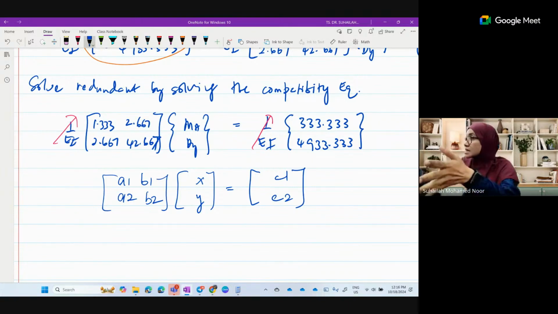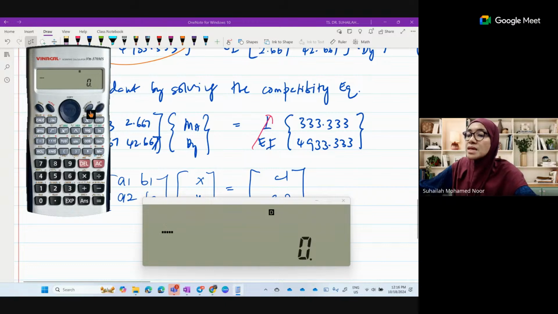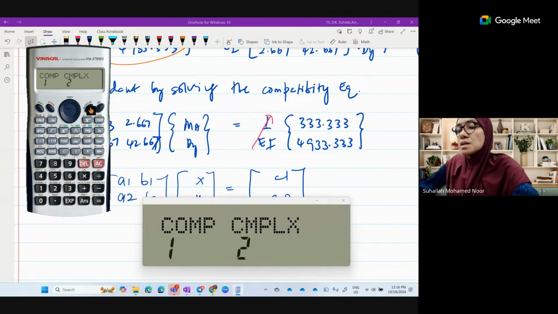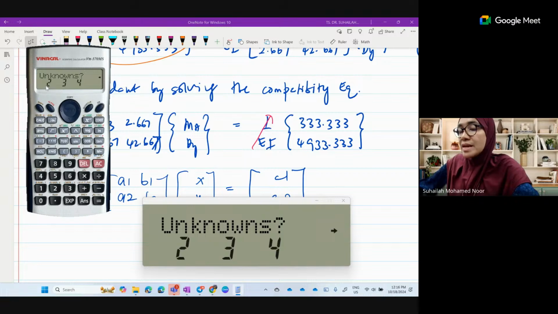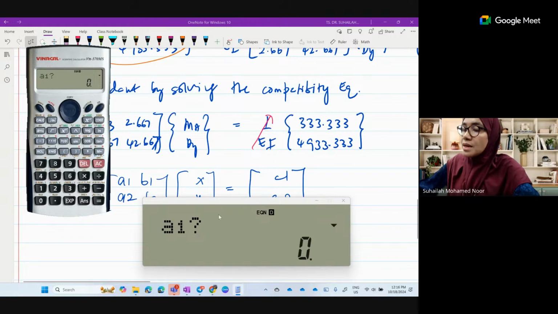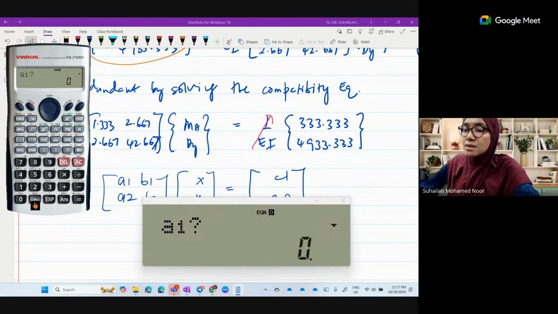So kita dah susun yang atas ikut format calculator. So tinggal nak key in dalam calculator, we use simultaneous equation. Equation 1. How many unknowns? How many redundant? 2 redundant. So A1 is 1.333.